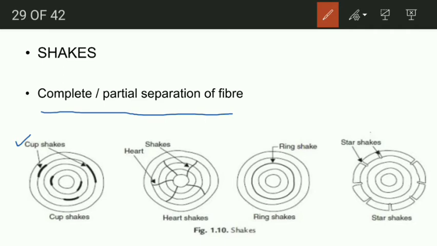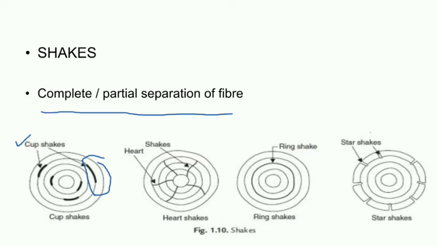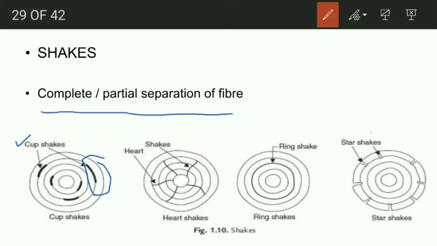Cup shake means they will appear like a cup in the annual rings. Next is heart shake. Heart shake, as the name suggests, will start from the heart and extend towards the outside. This is known as the heart shake.